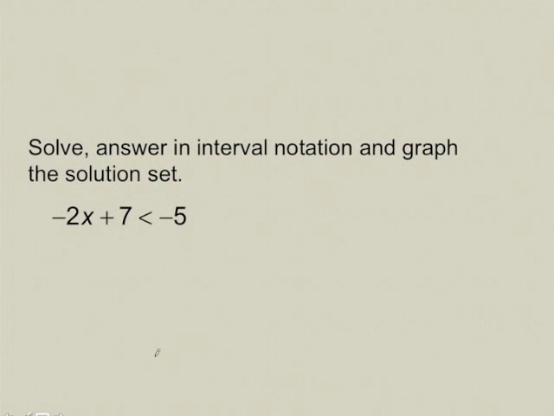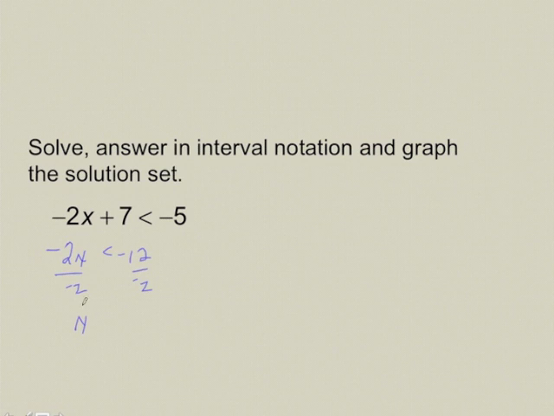Now we want to solve this inequality, write the answer in interval notation, and graph the solution set. We start solving just as if this was an equation by subtracting 7 from each side. So we end up with negative 2x is less than negative 12. Now we need to divide both sides by negative 2.